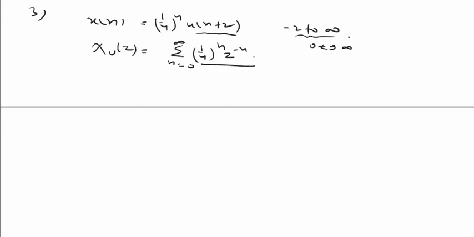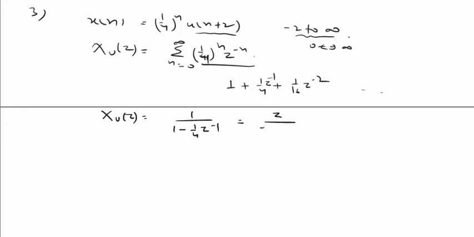Directly we put the unilateral transform formula and get the result. It is a GP starting from 1, 1/4 z inverse, 1/16 z inverse squared and so on. The transform is z upon z minus 1/4. No ROC is mentioned here.